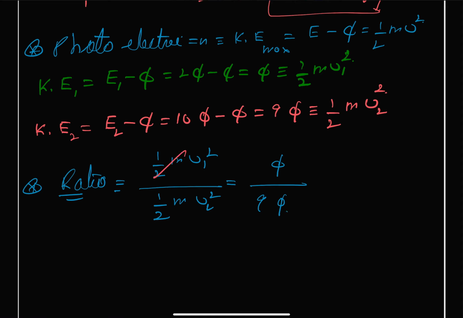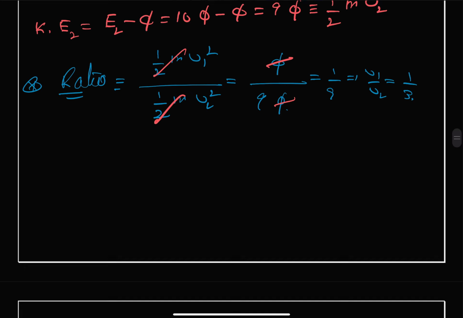Here half m and phi cancel out, and this comes as 1 upon 9, which gives us v1 upon v2 equal to 1 upon 3. But in the question we are given that v1 upon v2 is equal to x upon y, which is equal to 1 upon 3. So from here we can say the value of x is equal to 1.